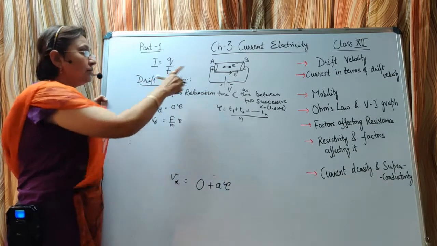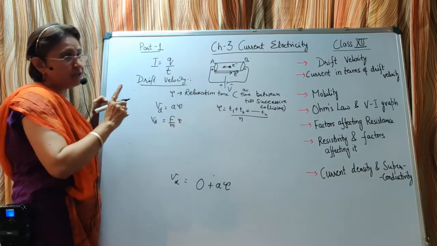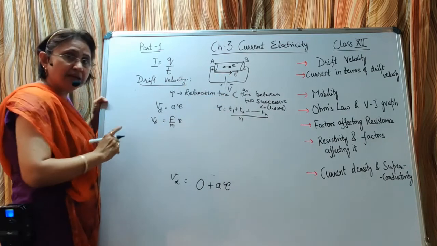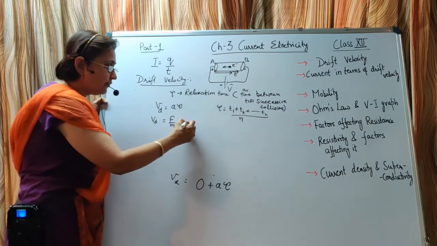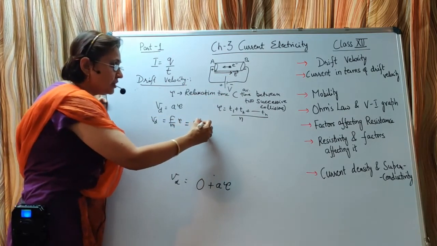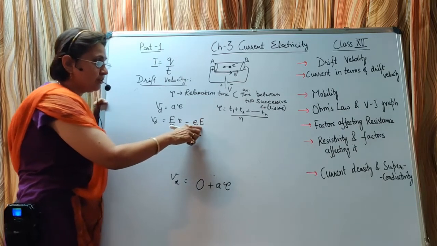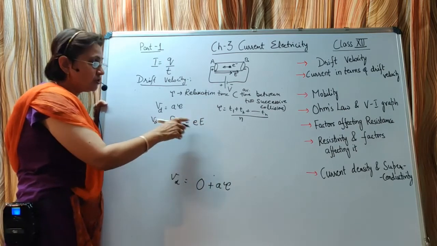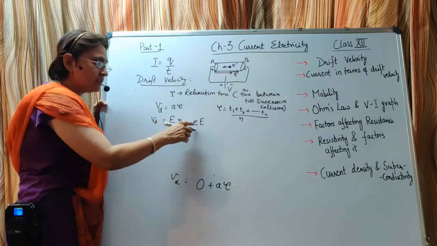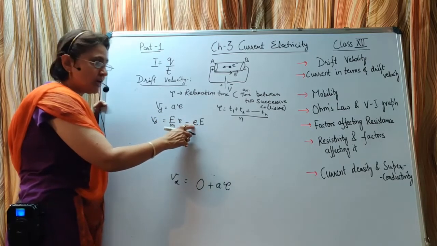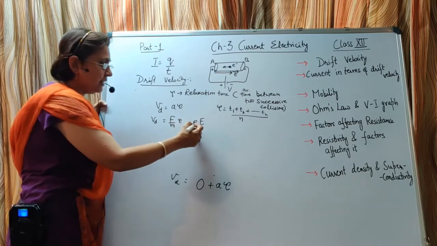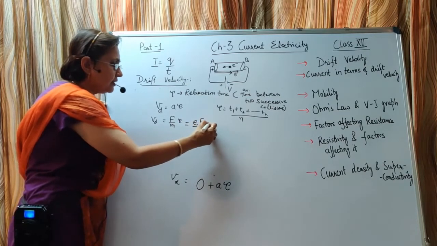Now the charge on the electron is e, in the electric field capital E. So what will be the force? It is equal to e into E. Why? Because we know that electric field is force per unit charge.